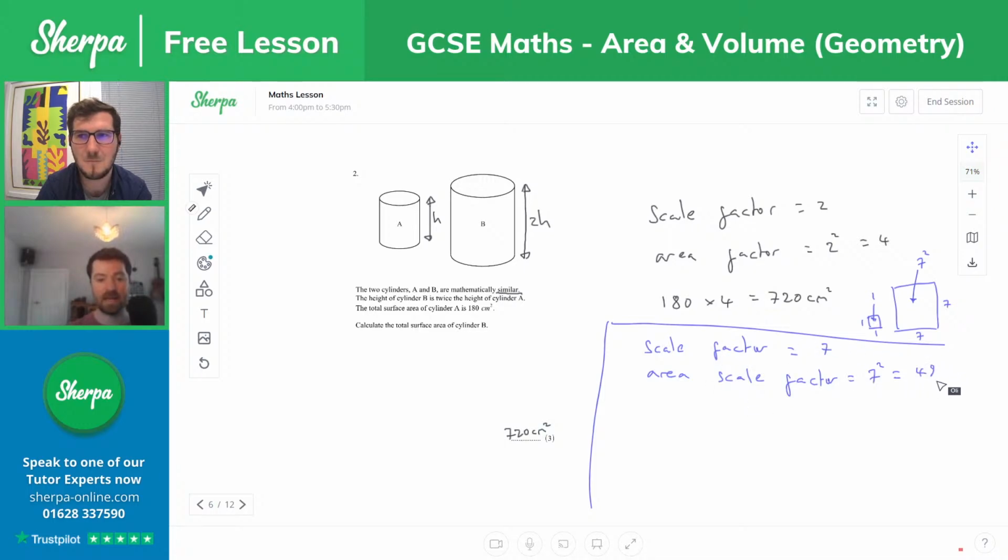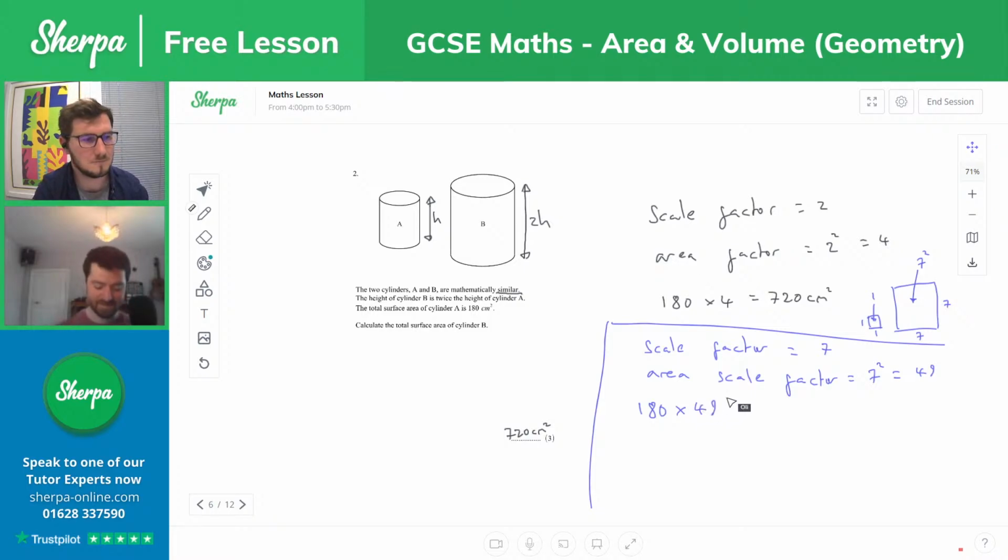And I'm going to take that scale factor, and I'm now going to calculate the area of cylinder B. Just like we did before, we calculated our scale factor, and then we multiplied the area of A by that scale factor. I'll do the same thing again. I'm going to take the area of A, which is 180, and this time I'm going to times it by 49.